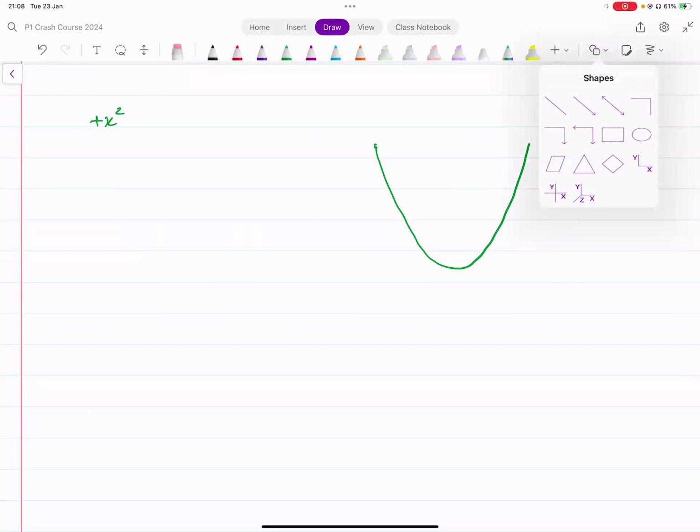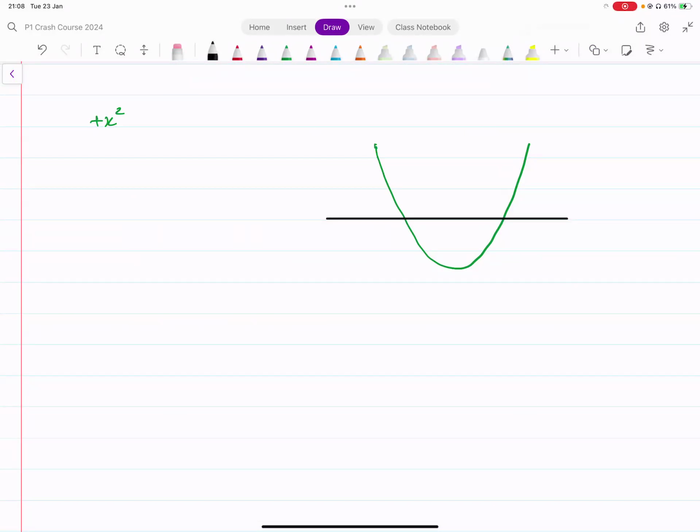So what we could do is we could say, if a and b are the x-intercepts, whenever there's a less than sign or a less than or equal to sign, we're going to choose the middle region.